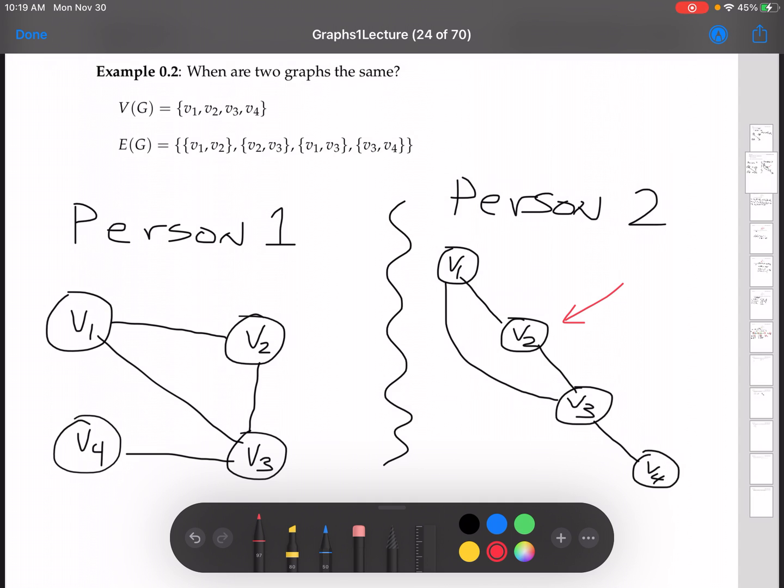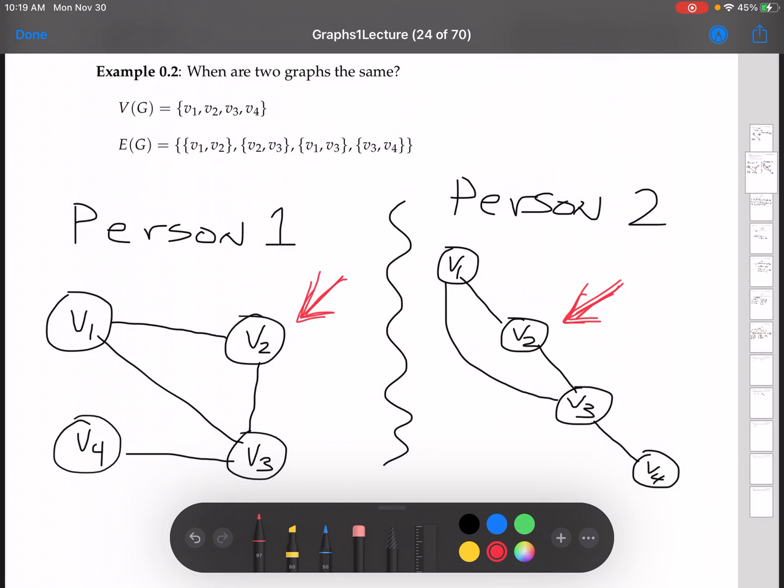And those same relationships are preserved for this vertex V2. There's an edge from V1 to V2 and an edge from V2 to V3, here and here.